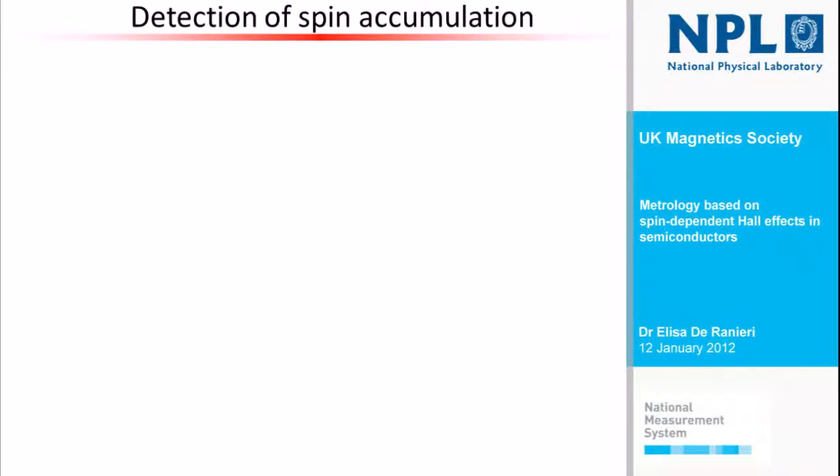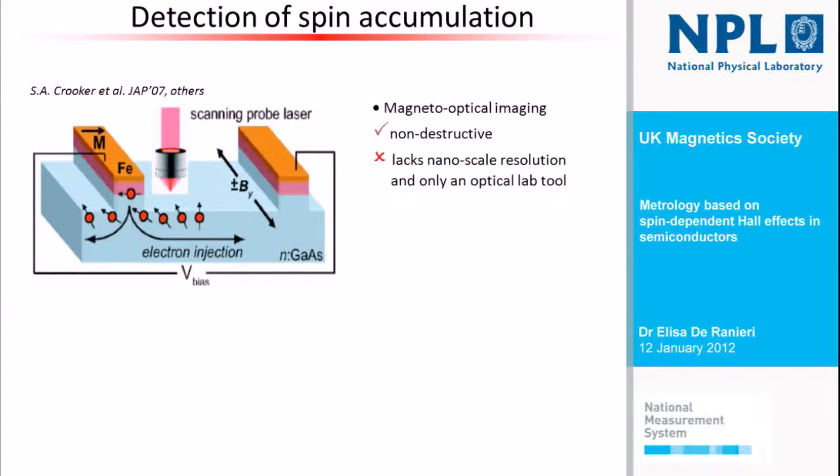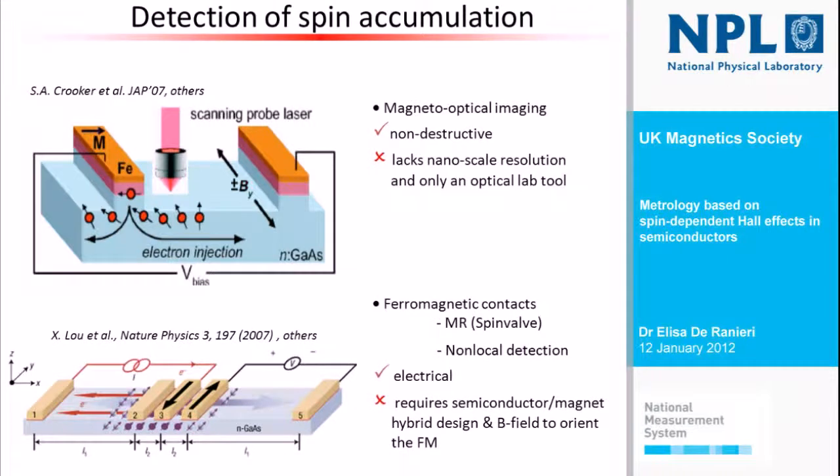Okay, so briefly, what methods exist to detect spin accumulation in semiconductors? A first class of methods is to use magneto-optical imaging, which, on the plus side, is a non-destructive technique, but it lacks nanoscale resolution, so it's not really good for scaling down devices.